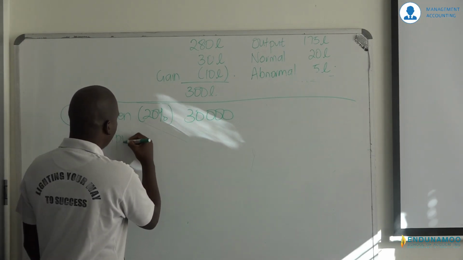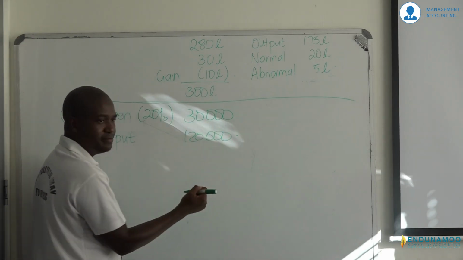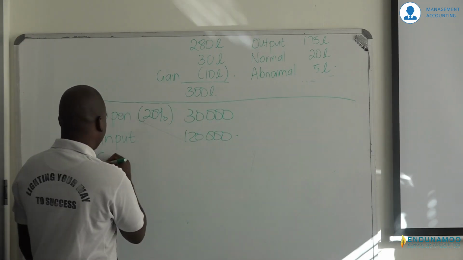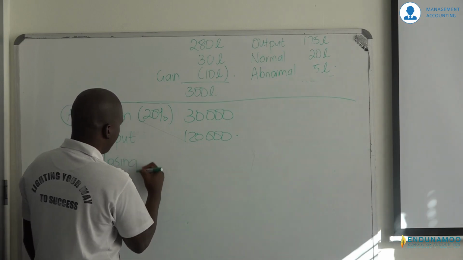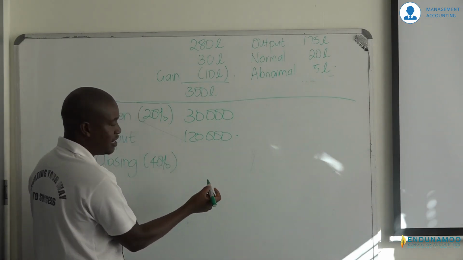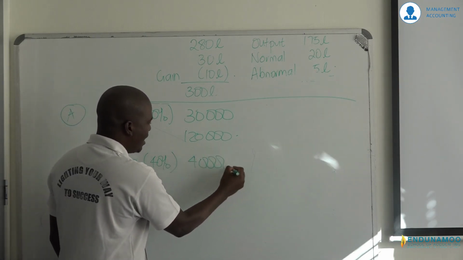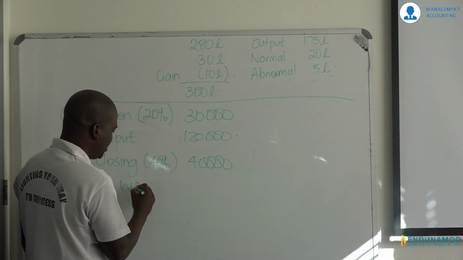Input 120,000. Closing 40% complete. And they sell 40,000 units. Then they gave you the wastage point. They say the wastage point is what?